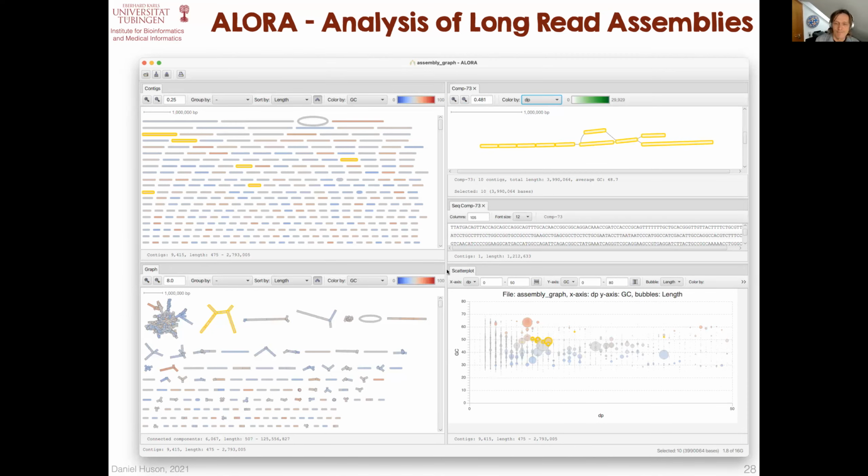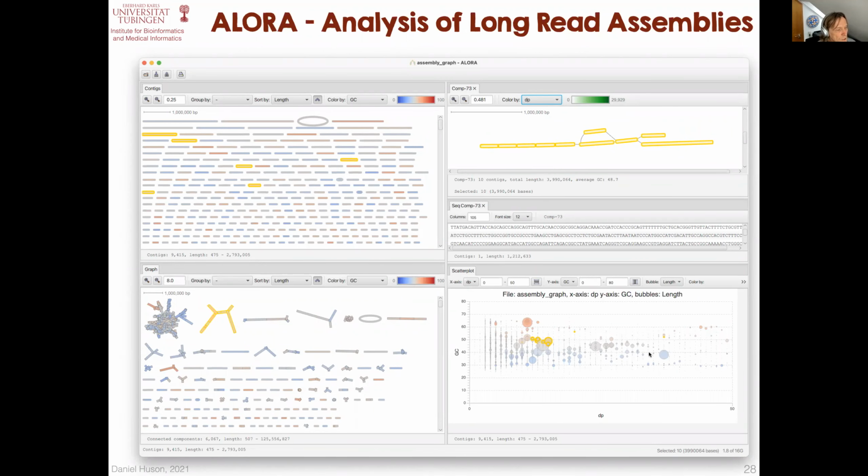You can produce those typical plots that people like to look at, where you have depth of coverage versus GC, say, and then try and evaluate, and then have balloon size. Here we're using the size of the balloon to represent the length of the contigs, that kind of thing. So that's some of the things that we put in there already.